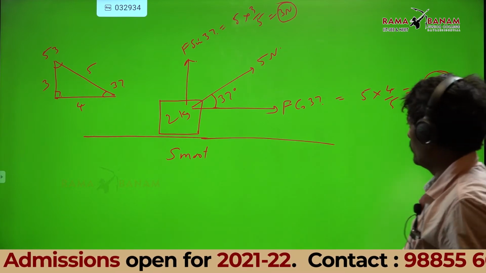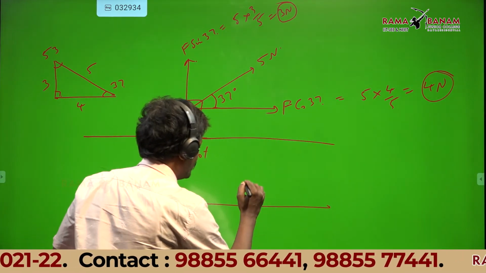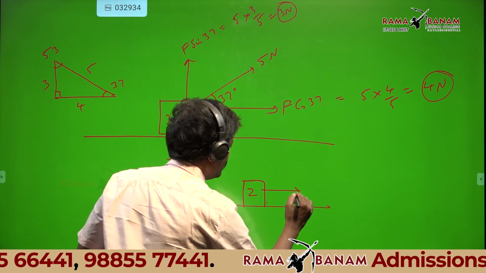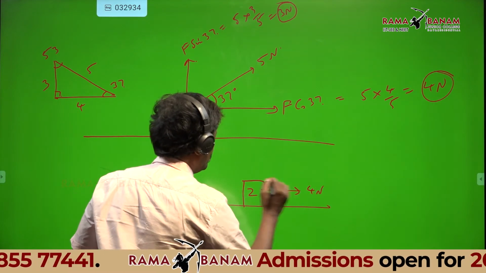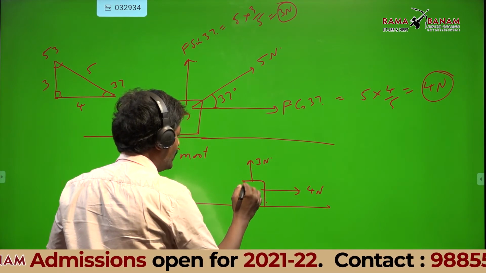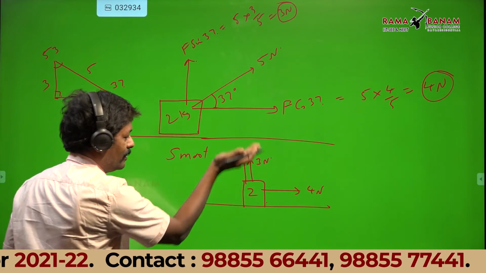Now I am drawing this again so that it will be easy for you. On this 2 kg block you have 4 Newton this side, 3 Newton here, and one more force upward from the surface.